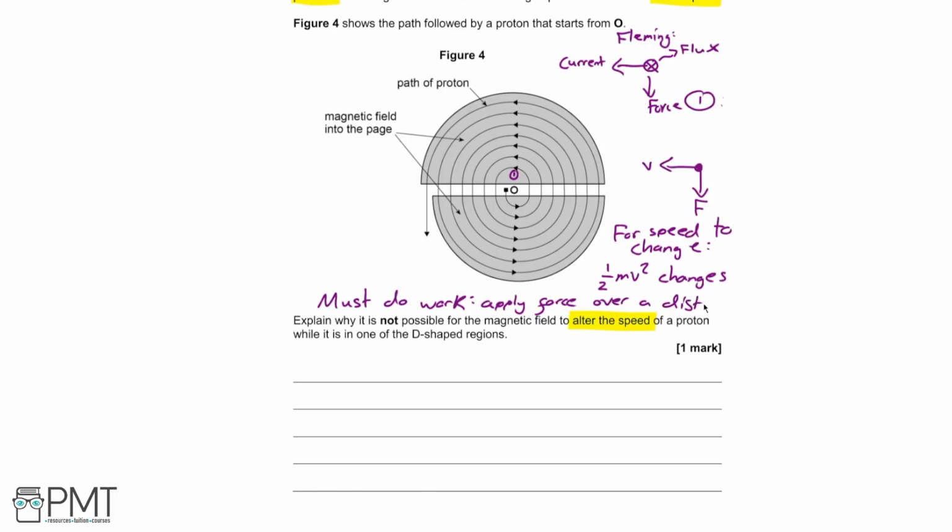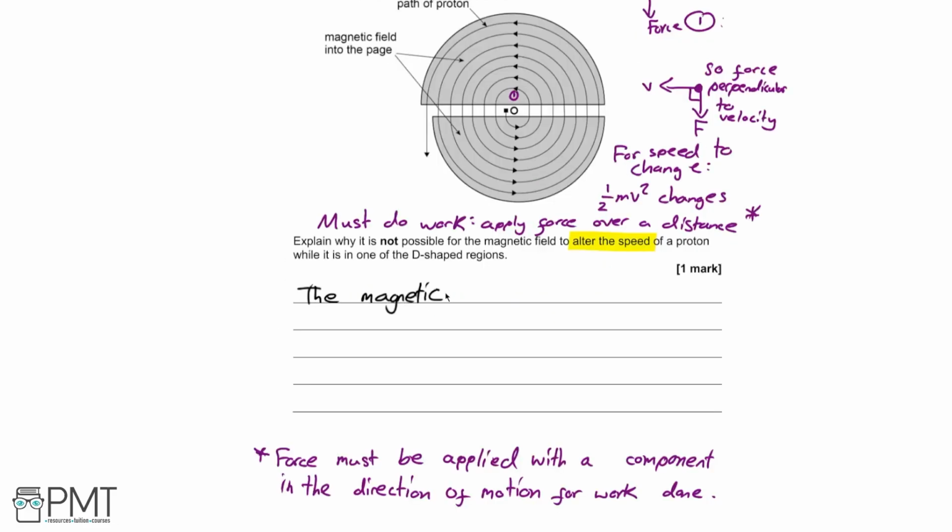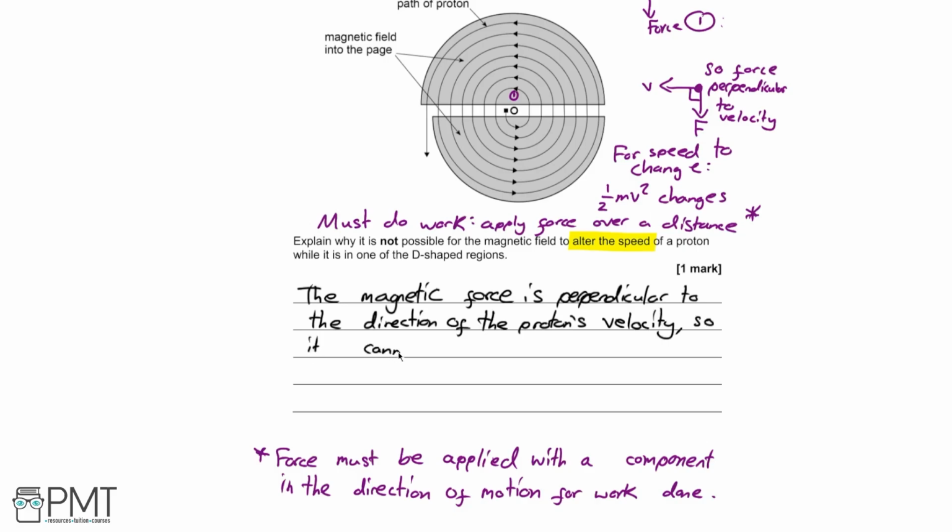And this force must be in the direction that the object moves, or must have a component going in the direction that the object moves. But since the force is always perpendicular to the velocity, the force does not have a component along the direction that the proton moves, and therefore no work can be done, so no kinetic energy can be changed, so the speed can't change either. So our answer to this part of the question is that the magnetic force is perpendicular to the velocity. Therefore, the force never acts in the direction of motion of the proton. Therefore, it can do no work on the proton and thus cannot change its speed.